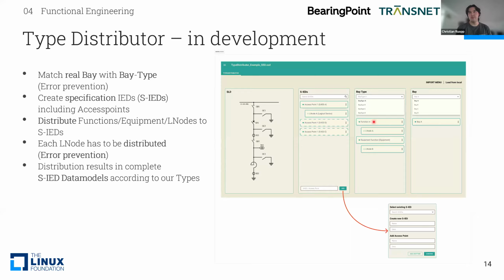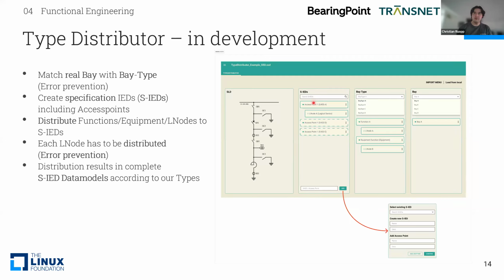So it makes no sense, for example, when the bay has 3 disconnectors, but your type only has 2, then you cannot match these bays. So that's the first step. Match the bay and the bay type. After that is done, you can create SIEDs, specification IEDs, which are basically containers for the IED description.